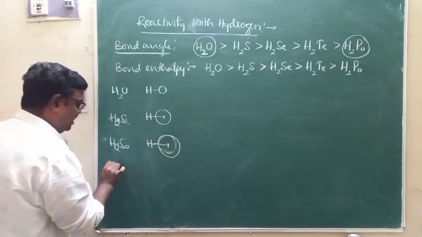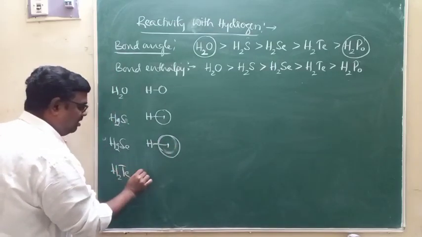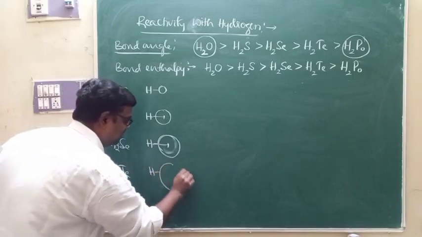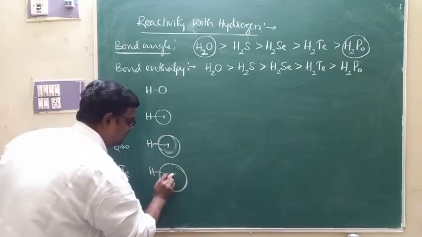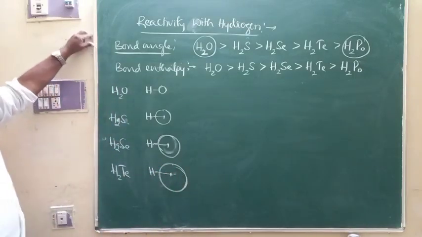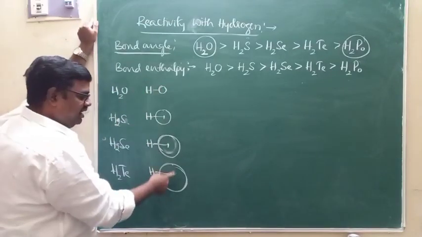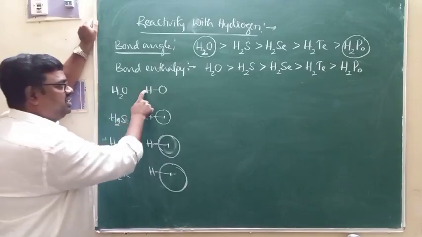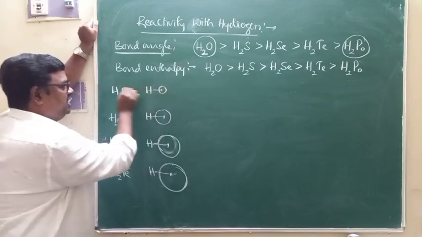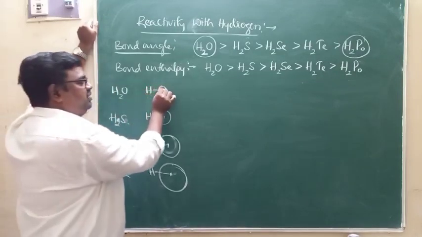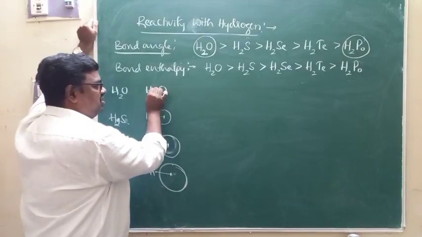And of course, as I move down, the size of the atom increases, right? On moving from oxygen to polonium, the size of the atom increases. Hydrogen is attached to oxygen in the case of water. Oxygen is a very small atom. Hydrogen is also a very small atom.